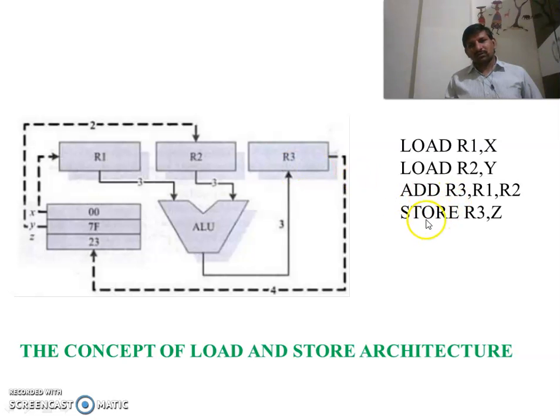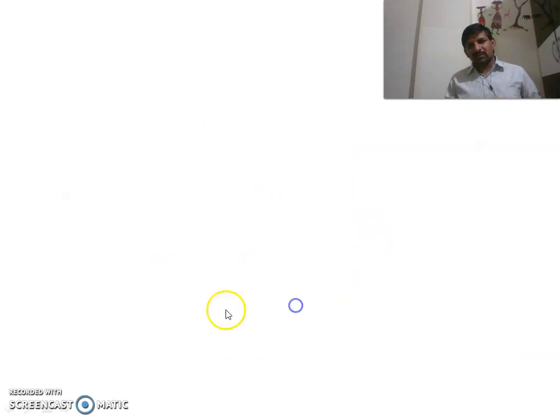Next, store. Store means this register content is stored into the Z memory location. So load means the processor loads the content from a memory location into the register. Store means the processor stores the register content into the memory location.